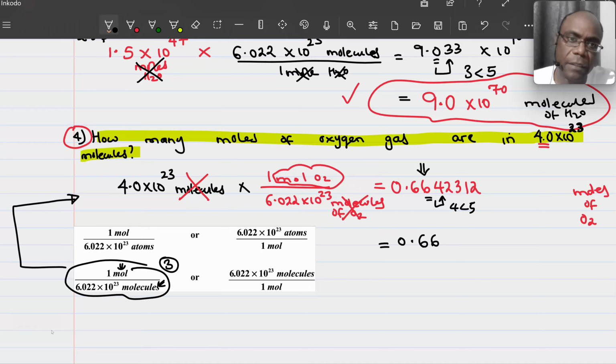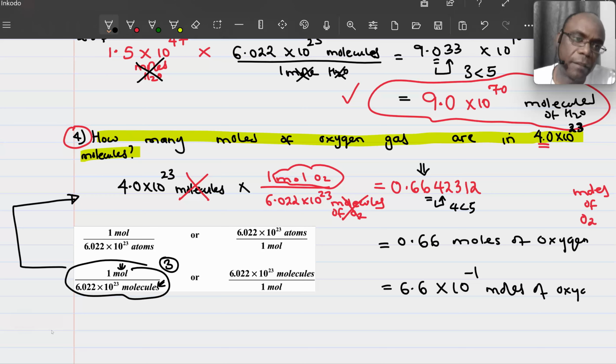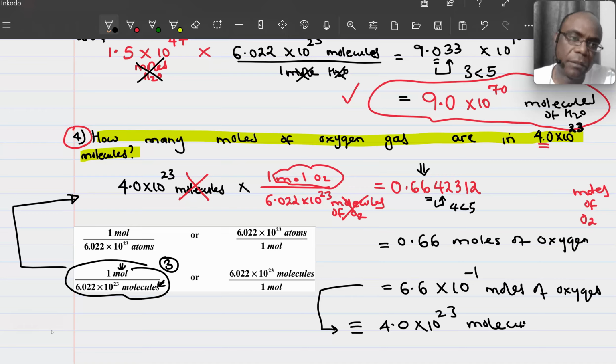So 0.66 moles of oxygen, but yet again I can report it in scientific notation as 6.6 times 10 to the power negative 1 moles of oxygen, being equivalent to this number of particles of the oxygen molecules. All right, so our answer is this right here.